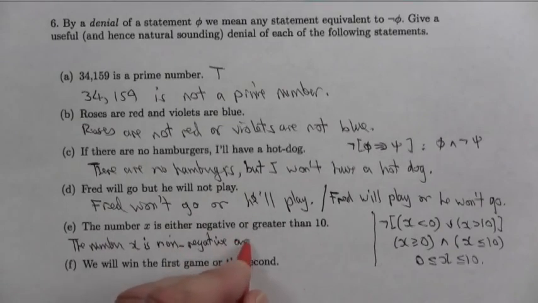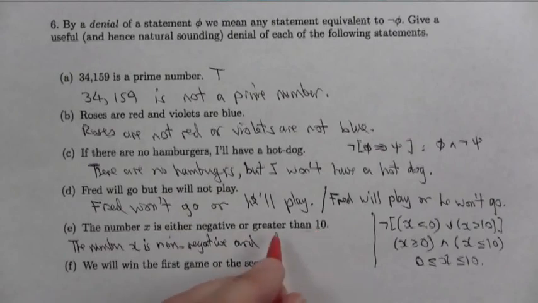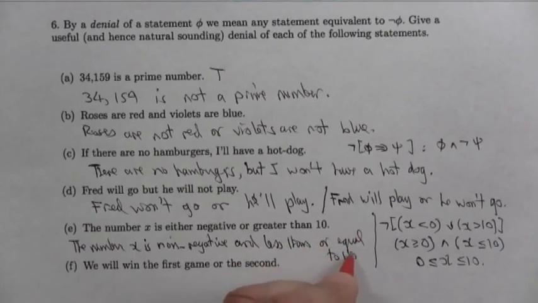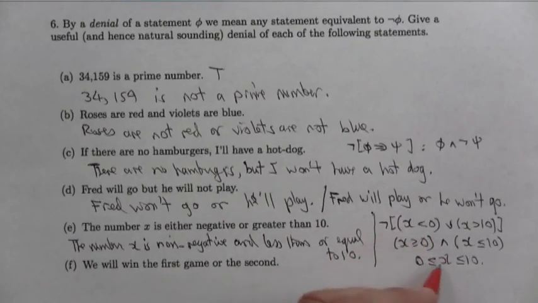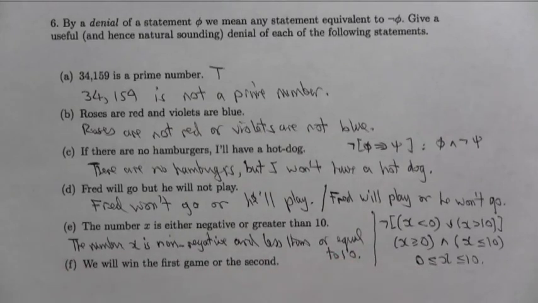The or becomes an and, the negation of greater than 10 is not less than 10, it's less than or equal to 10. So you have to say less than or equal to 10. And I don't see any way of doing it in English other than with an awkward sounding sentence like this. Symbols provide a much more efficient way of expressing this idea, and indeed for dealing with the negation. Okay, but anyway, we've found an answer to the question.